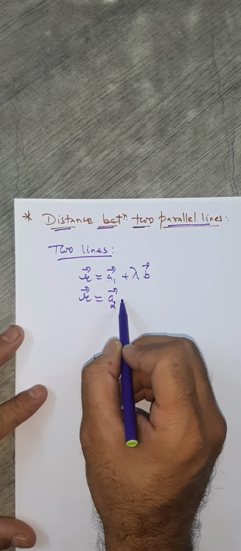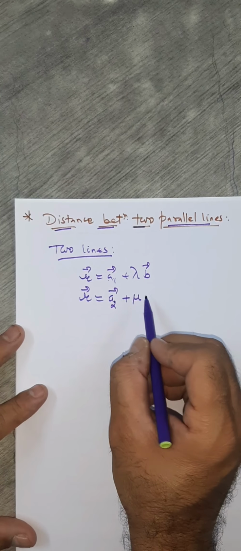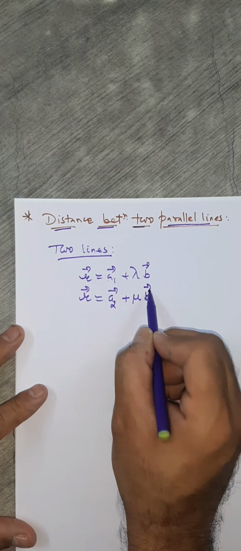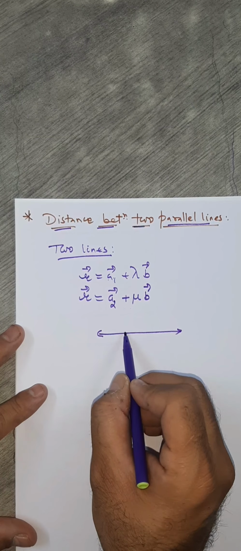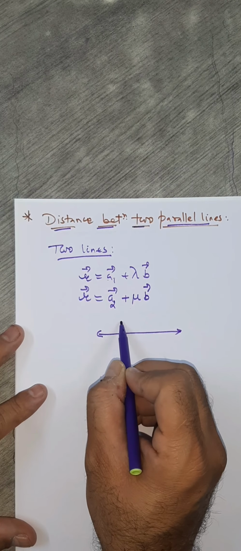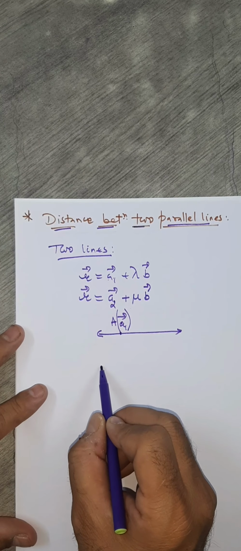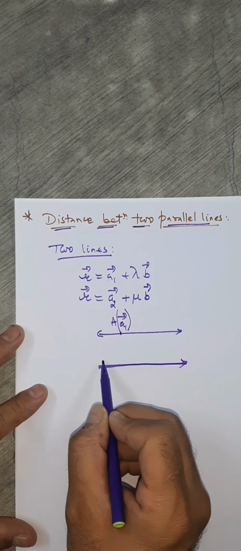So here vector A2 plus, let me use another scalar mu here. And here the directions will be more or less the same, right? So one line like this passes through one fixed point, vector A1. There's another line that's parallel to this, remember.